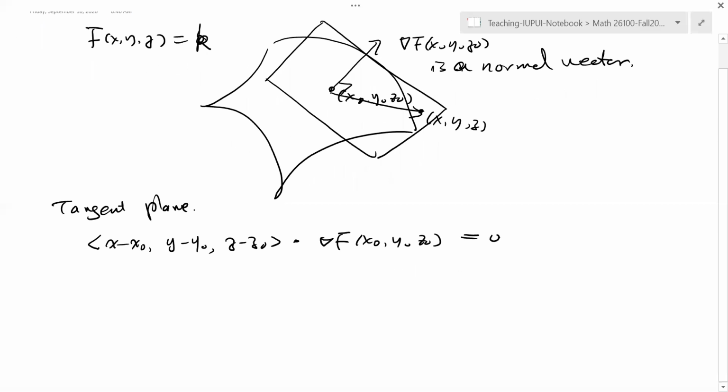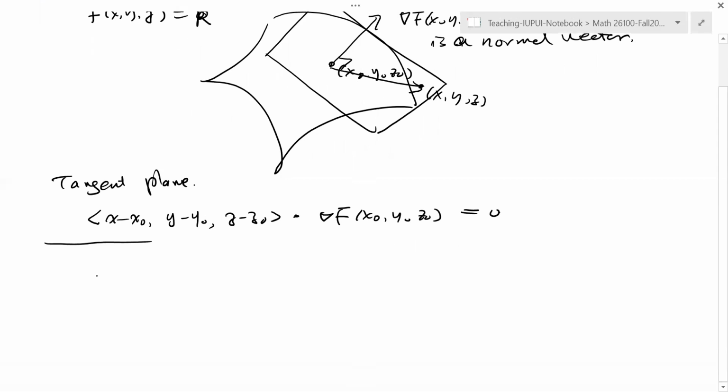The special case: consider f defined on a domain V in R2.